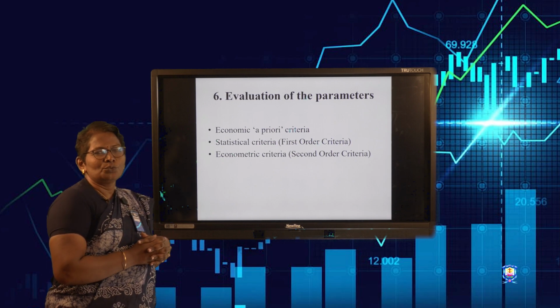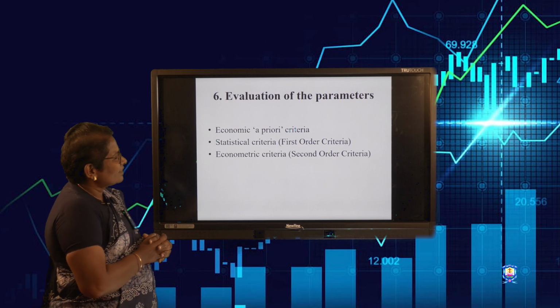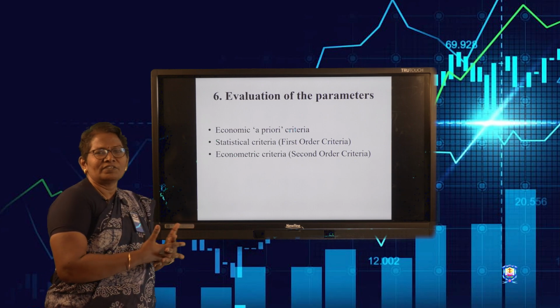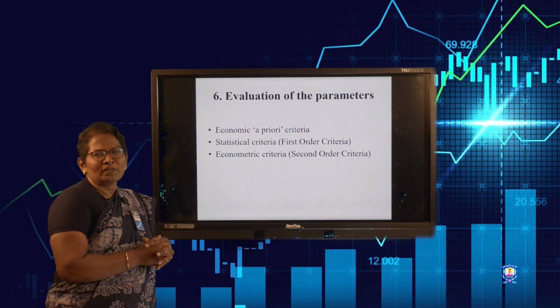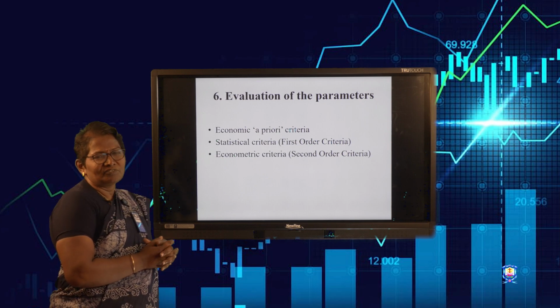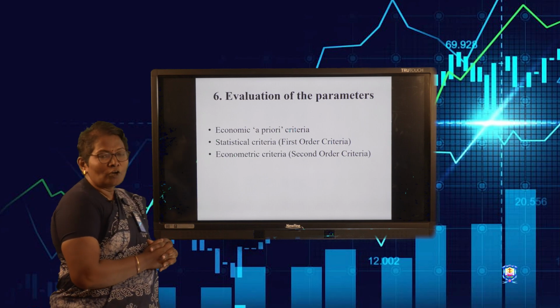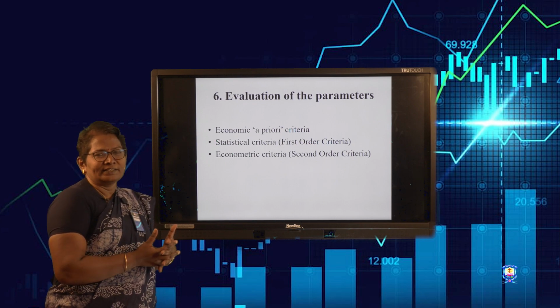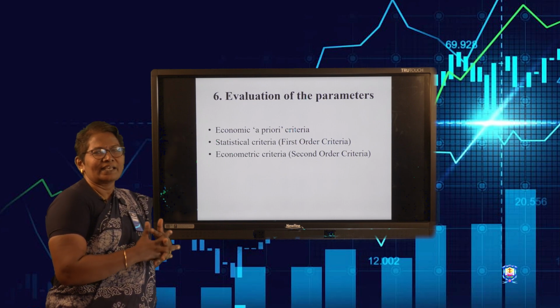There are several methods used to evaluate the statistical significance of the parameters, and the most commonly used methods are, the first one, economic a priori criteria, which means what the theory says about the size and sign of the parameter.